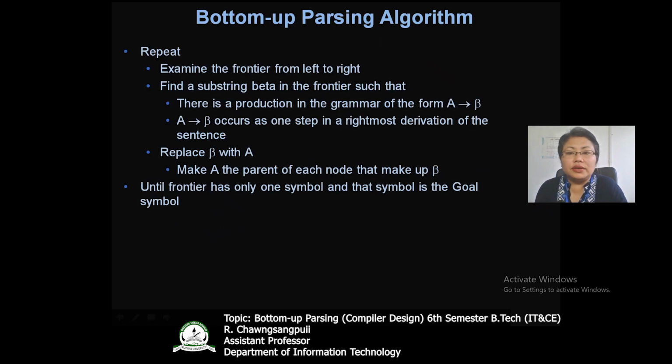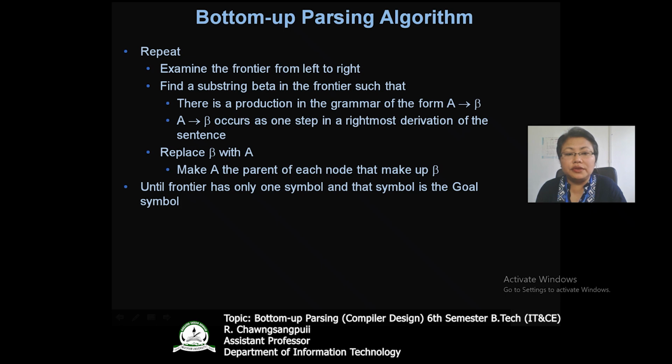Now the algorithm for bottom-up parsing is we have to repeat all these steps until the frontier has only one symbol, and that symbol is the start symbol or the goal. So what are the steps which need to be repeated? The first one is examine the frontier from left to right, and find the substring beta in the frontier such that there is a production in the grammar of the form A can have the form beta.